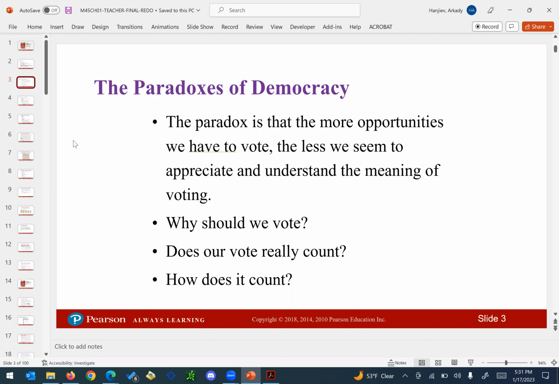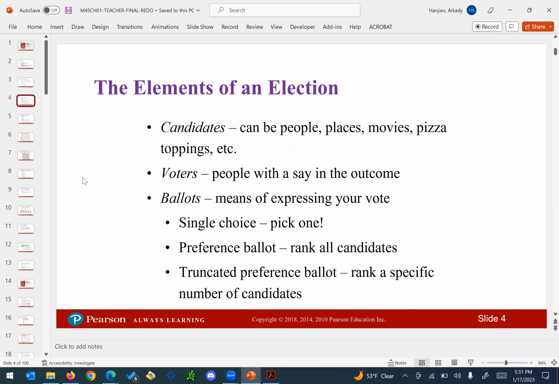But let's get into the mathematics of it. So elements of an election, here it is. You have candidates: people, places, movies, pizza, whatever you are going to score. You have the people that are going to determine the outcome. They're voting. And then you have the ballot system. Again, it could be a single choice: you just pick one and that's it.